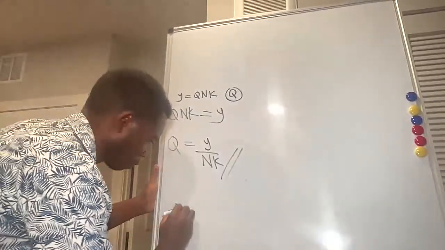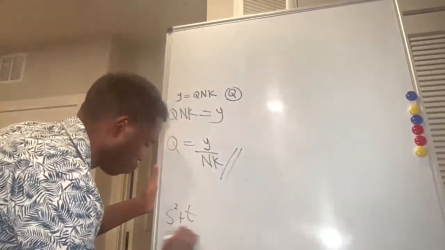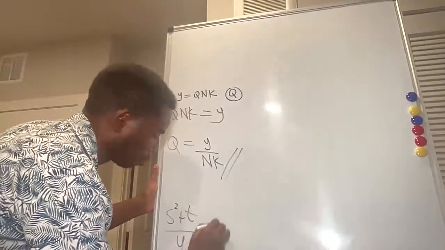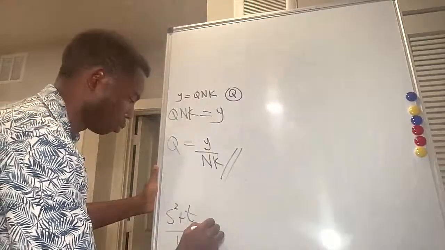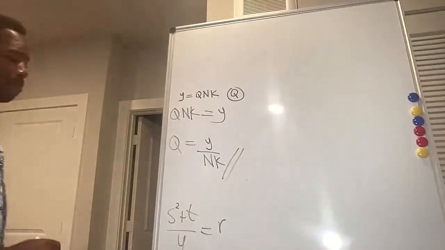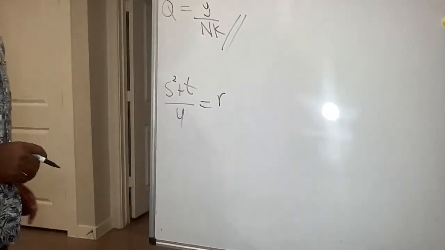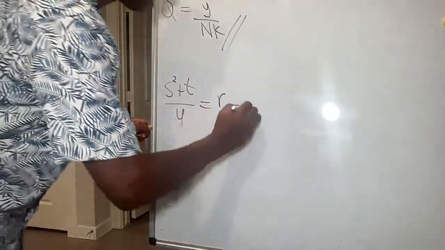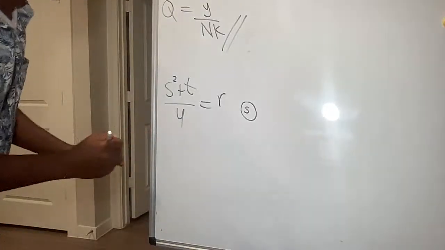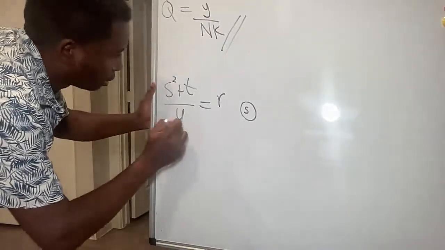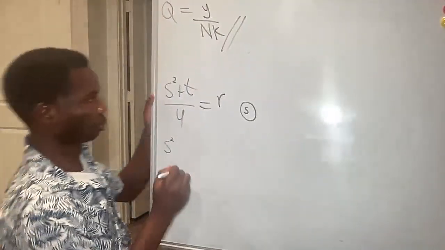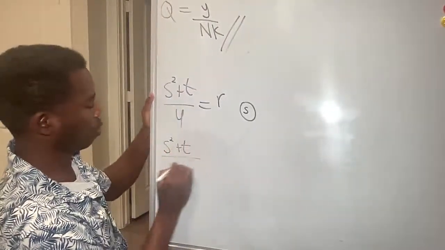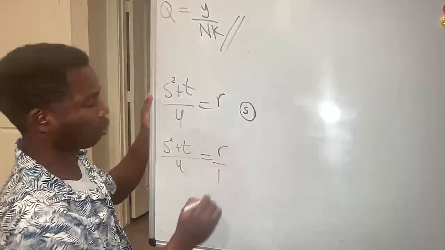S squared plus t over u is equals to r. Make s subject to the formula in this context. So what are we going to do? Firstly, s squared plus t over u is equals to r.